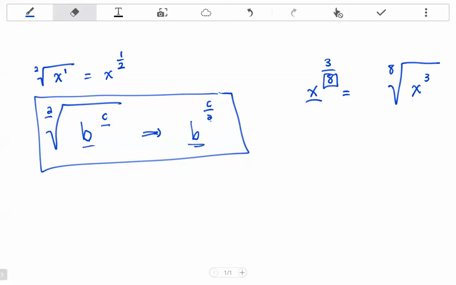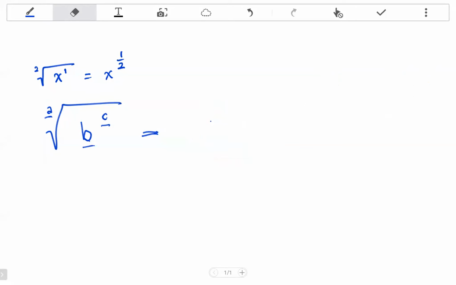Okay, so now that we got that down, how can we use this? Properties of exponents. We can use it to simplify very complicated exponents. Who knows some properties of exponents? Let's go over a few.